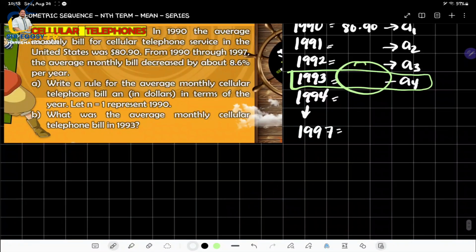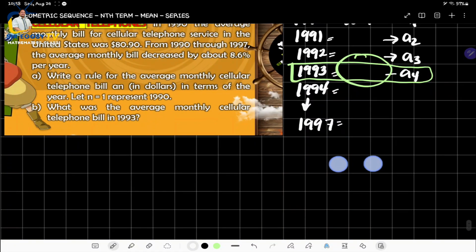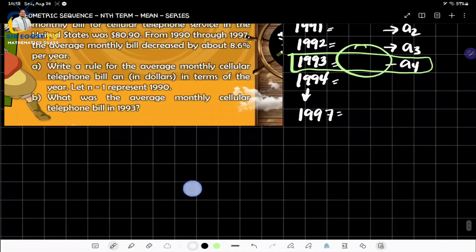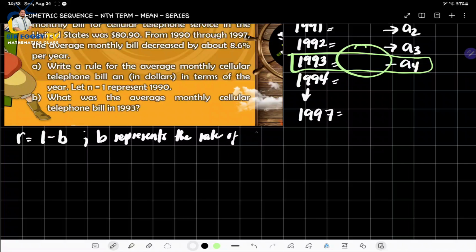Okay? For the letter B. Now, let's write a rule for the average monthly cellular bill. And in the problem, it says here, the average monthly bill decreased by about 8.6%. Since it is decreasing, the common ratio that we're going to use is 1 minus b, wherein b represents the rate of change.